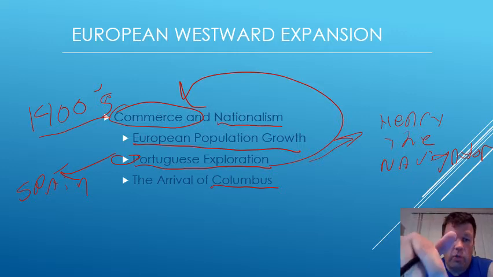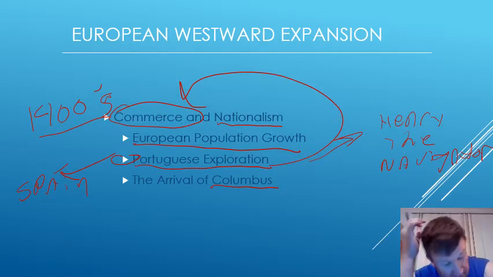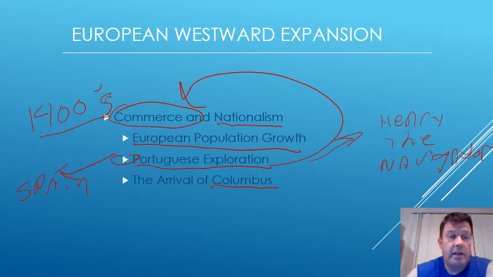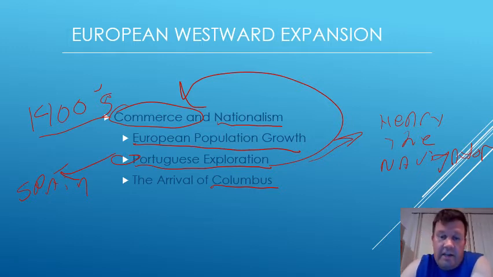Little does he know when he actually does this travel that he doesn't land in India, he lands in the Americas, a place that to this point had been unknown by Europeans that it even existed. In doing so, he adds validity to the idea that the world is indeed not flat and it is round. And of course, he becomes a great kind of hero to the people of Europe.